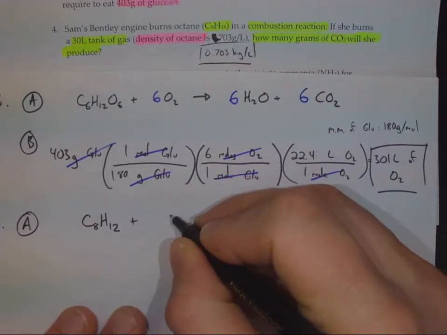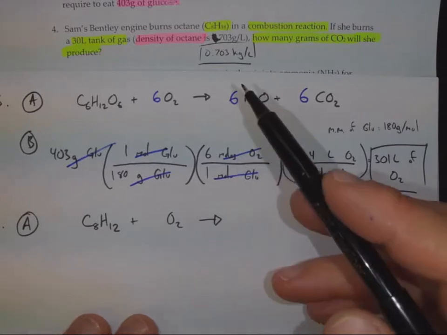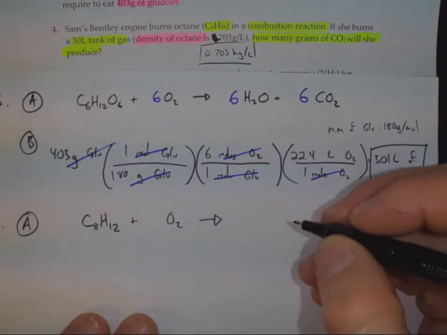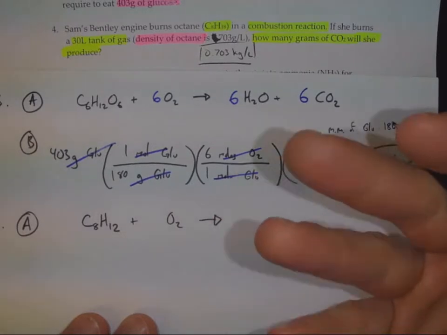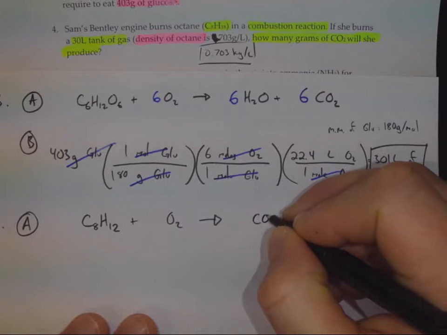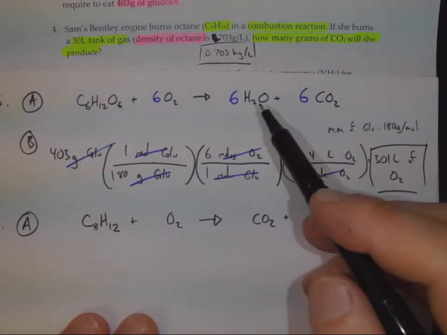So that means we're going to be adding oxygen to this reaction, and in the process, we're going to be making some new stuff. Just like what you breathe out, because you breathe in oxygen, we've got to breathe out carbon dioxide. And the other product of a combustion reaction is water.